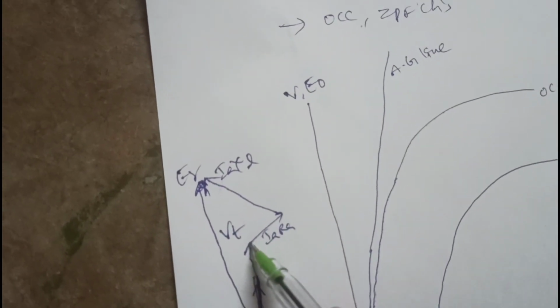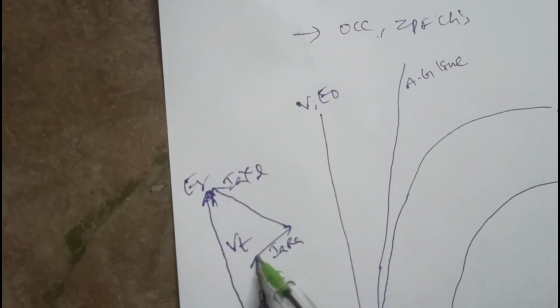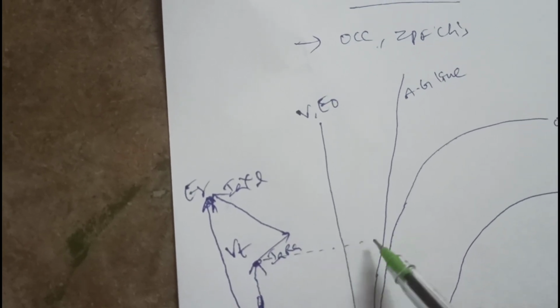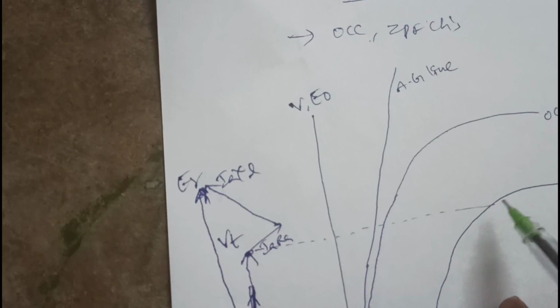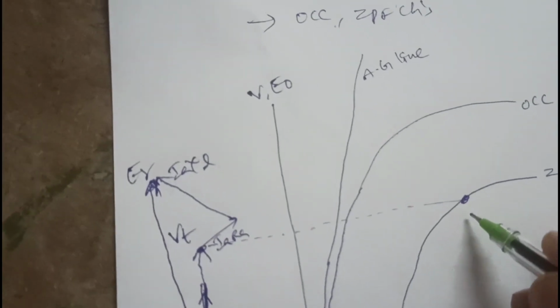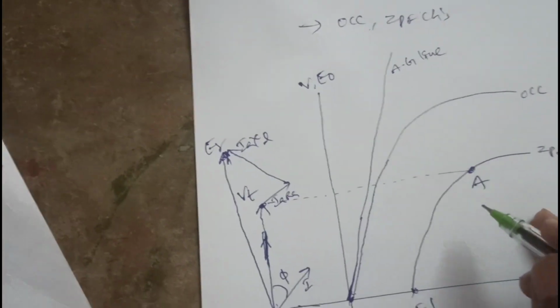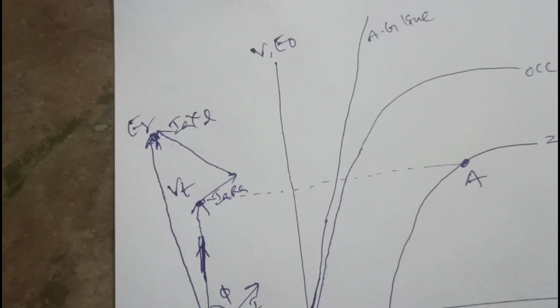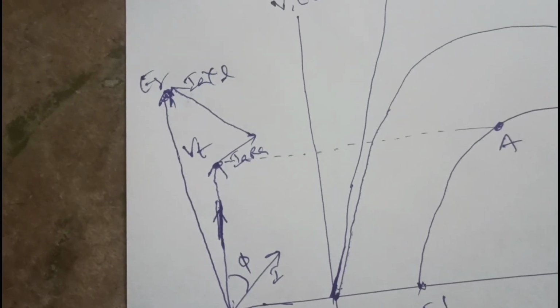From the terminal voltage, draw a horizontal line up to the ZPF characteristics and denote that point by A. From OF dash, this is the demagnetization effect.